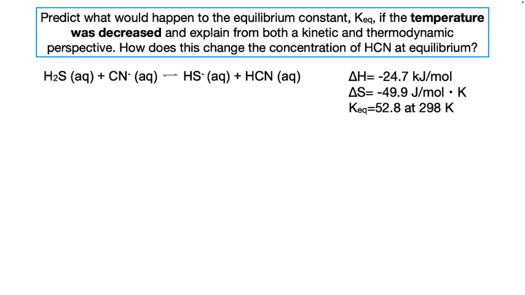So what's happening to my activation energies through the course of this reaction as I'm going from here to here? As I decrease the temperature, what's changing? Well, the activation energy for my forward reaction starts to decrease, and my activation energy for the reverse reaction starts to increase.